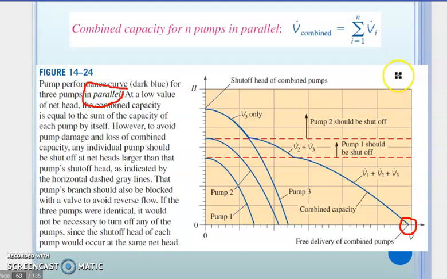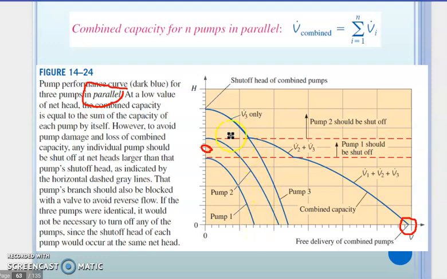But when you operate here, for example at this head, in this position, you need to shut off pump number 1, because the head here is already larger than the shut-off head of pump number 1.